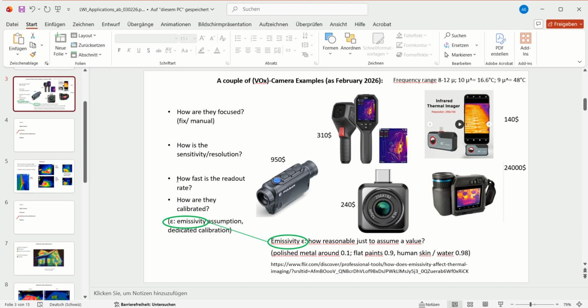Some have fast readout rates like 50 images per second, and the other ones are a bit slower, maybe 5 or 9 images per second, which is completely fine for static things.